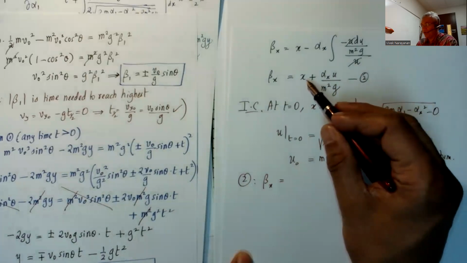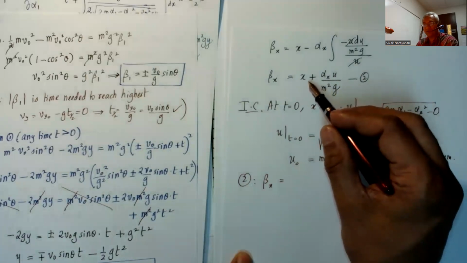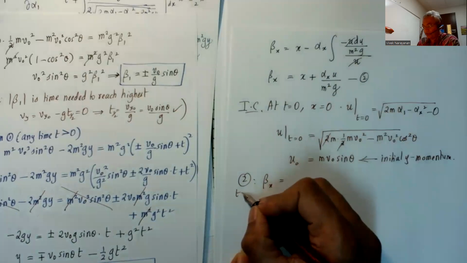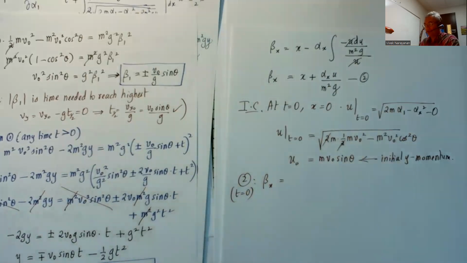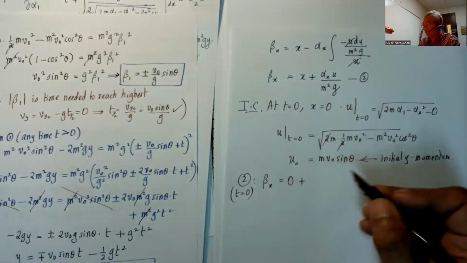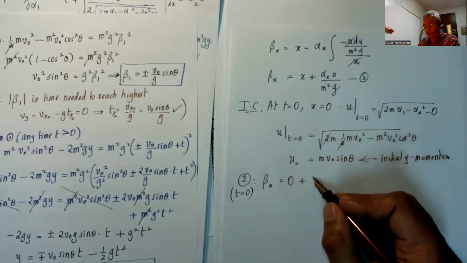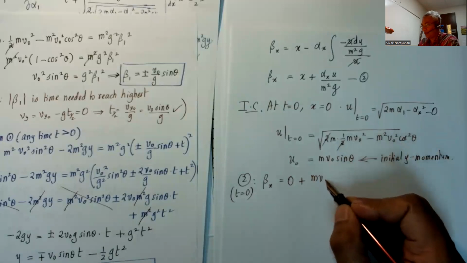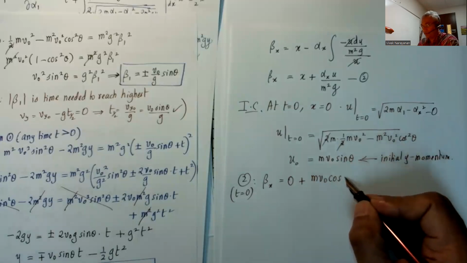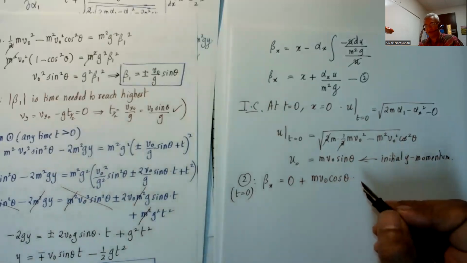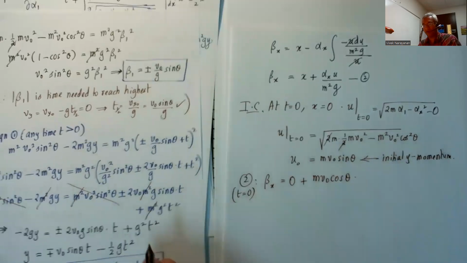So I'm putting all this at t equal to 0. At t equal to 0, that equation gives me 0 plus alpha x is m v naught cosine theta. That's just the alpha x is just the x momentum.